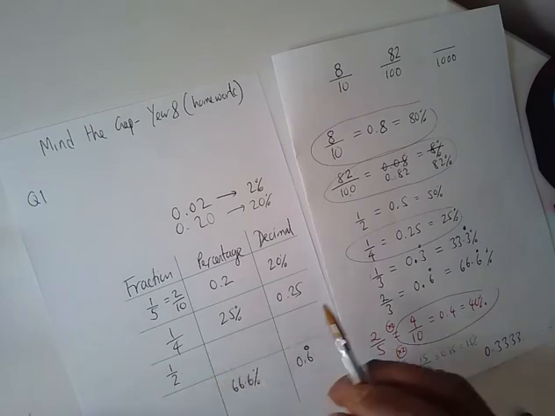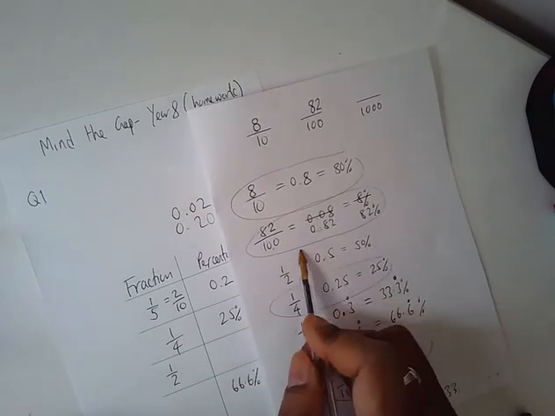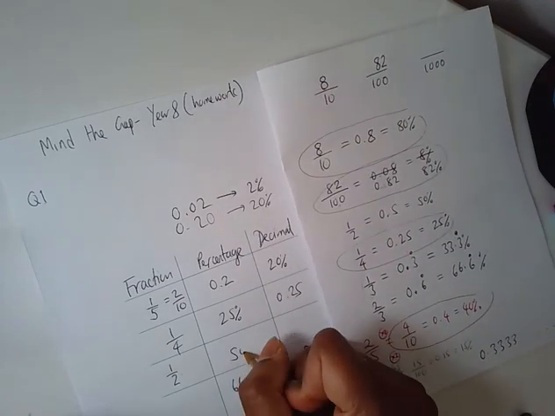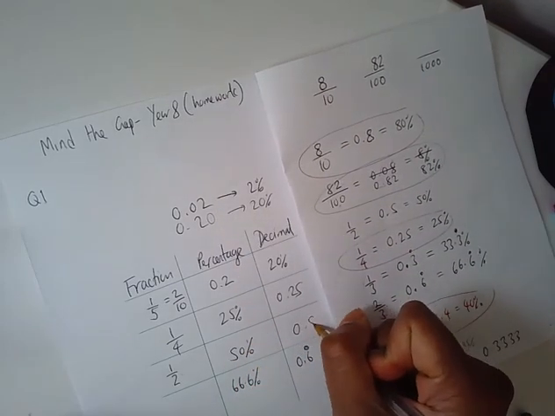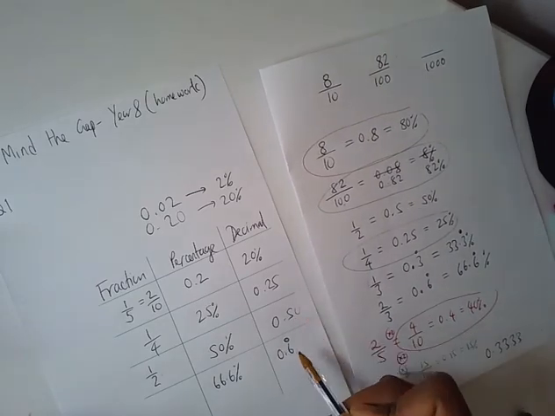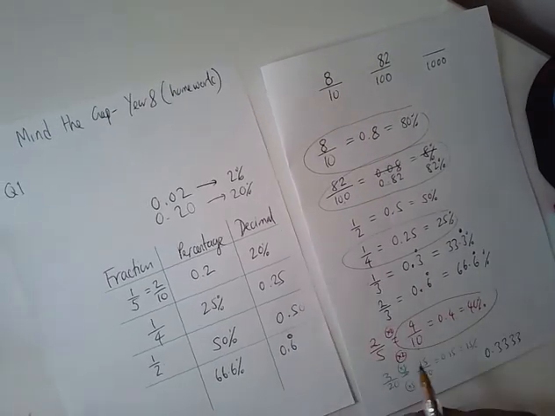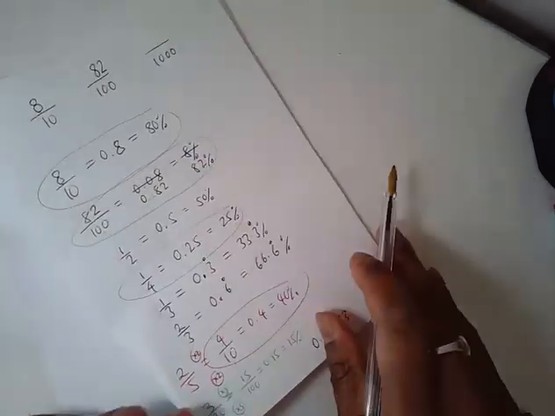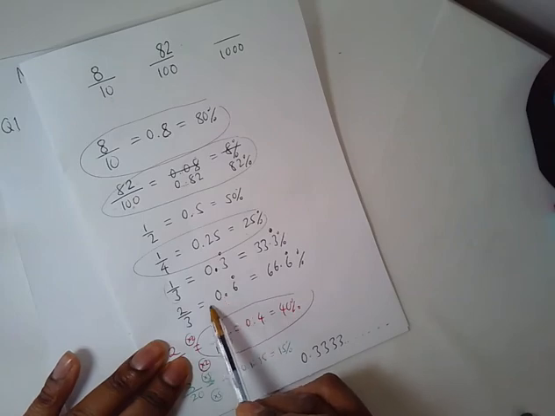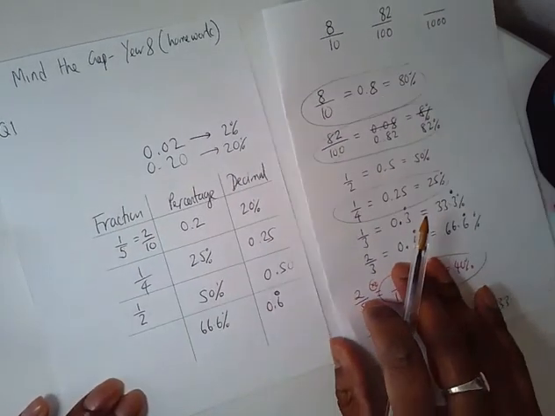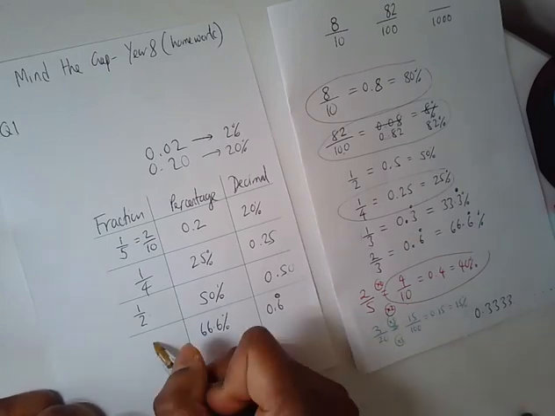Half as a percentage, we've seen that just a while ago, here it is. 50%, 0.5, or you can call it 0.50. You can always ignore the zero though. And this one we have seen over here. The one with the recurring, 2/3, 0.6 recurring. That is your 2/3.